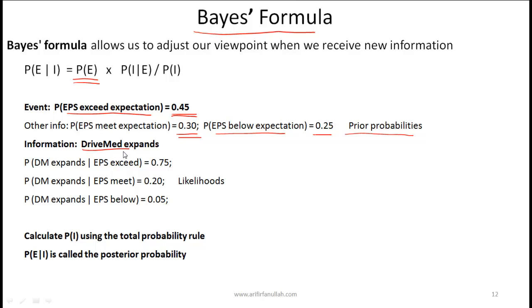Basically what you conclude is that since this company is expanding, so they've made an announcement they will expand, most probably the earnings are going to be good, and in fact you believe now that the probability that earnings will exceed expectations will probably be more than 0.45, because why else would DriveMed expand?